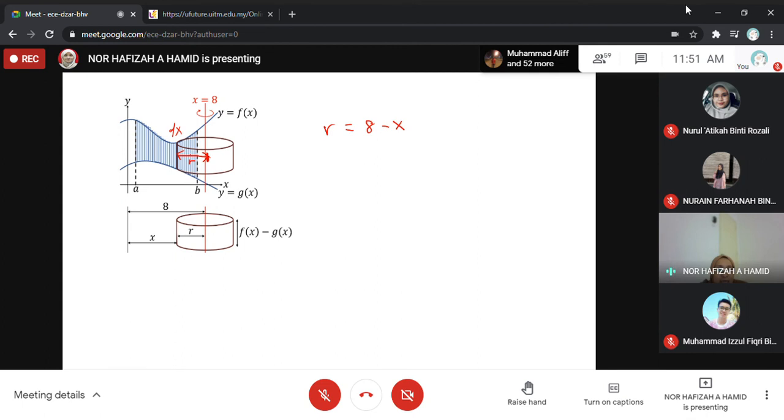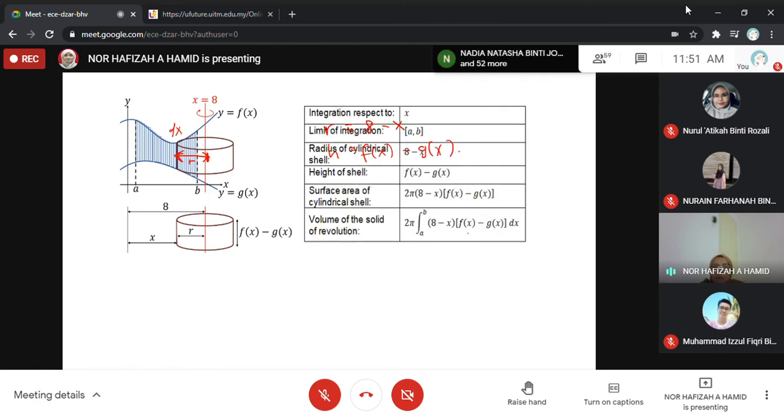You boleh minuskan dengan you punya X. Okay, so you akan dapat R is 8 minus X. Okay, and you have the H. H is upper minus lower. So you have Fx minus with the Gx. Okay, lepas tu you boleh substitute dalam you punya formula of the shell method.